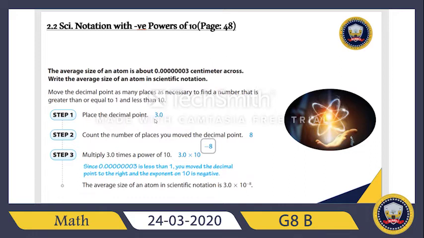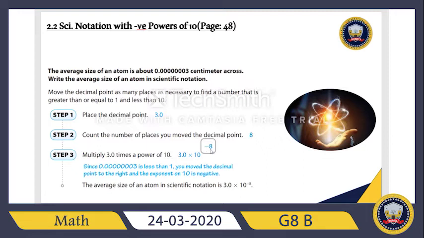Now this number is between 1 and 10. First step is correct. Now, second step, I will count how many times I moved my decimal point. So here I moved it 8 decimal places. So the power of 10 here will be 8. Since I moved it to the right, then my decimal point that moved to the right gives me a negative power.